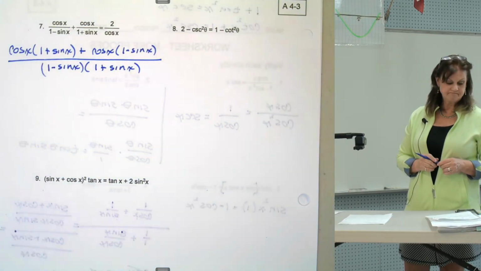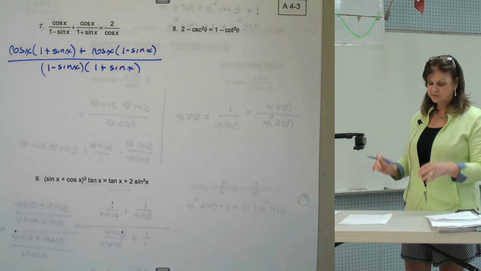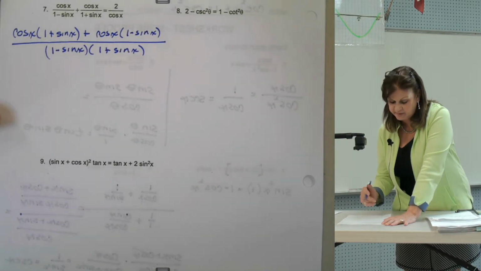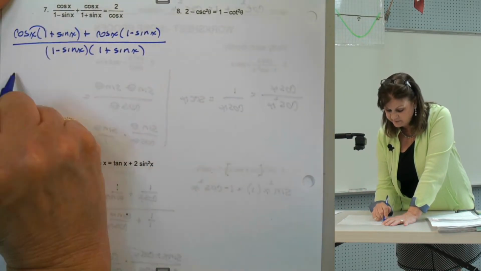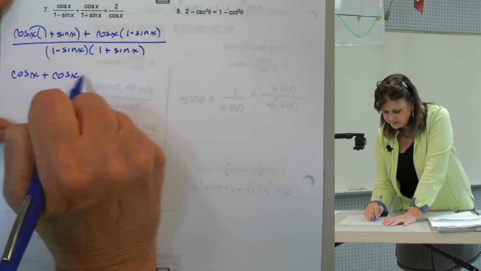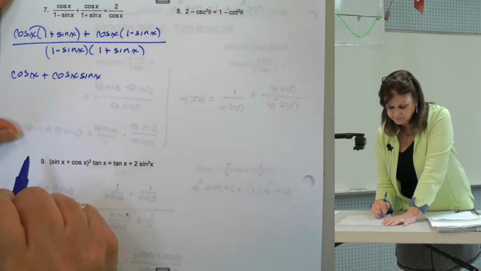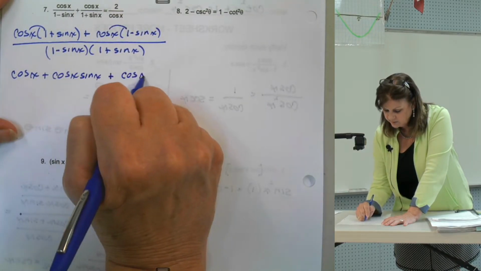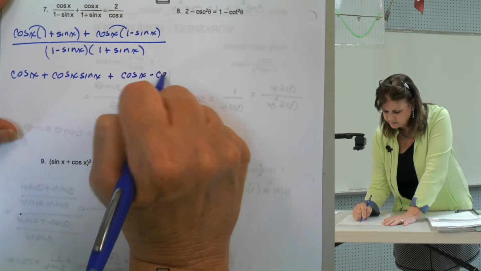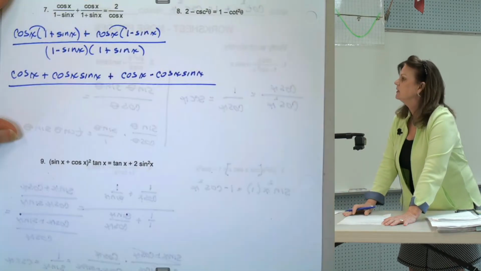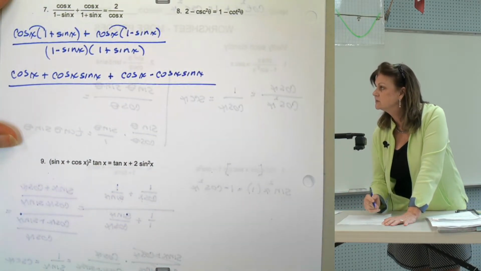Okay, let's go ahead and distribute, because first I'm trying to get rid of all the sine values and I've got to figure out how to do that. So I'm going to have cosine x plus cosine sine plus, here we go, cosine x minus cosine sine. And then in the denominator, it's a difference of squares.